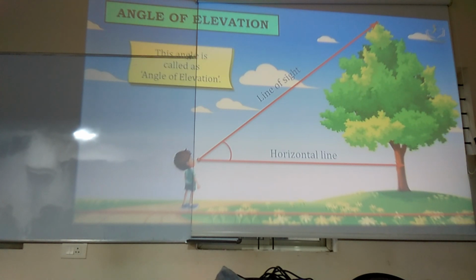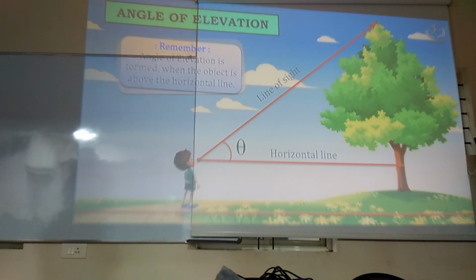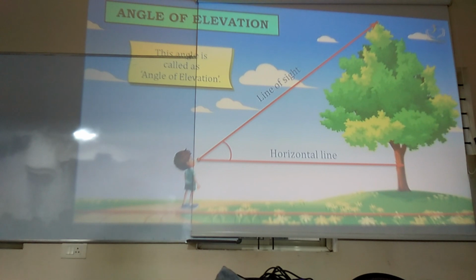So the angle made between the line of sight and the horizontal line is called angle of elevation or angle of depression.